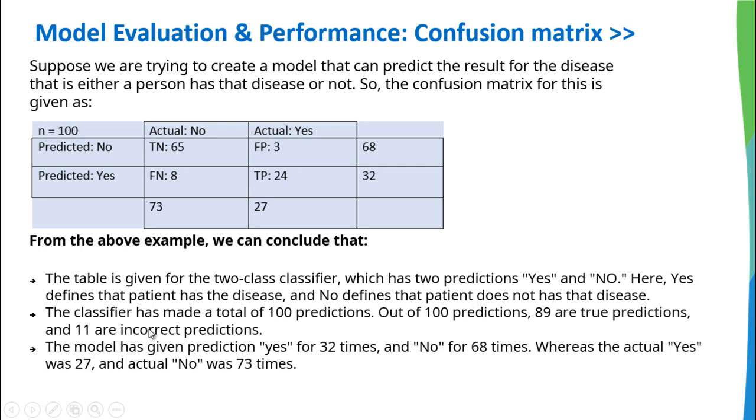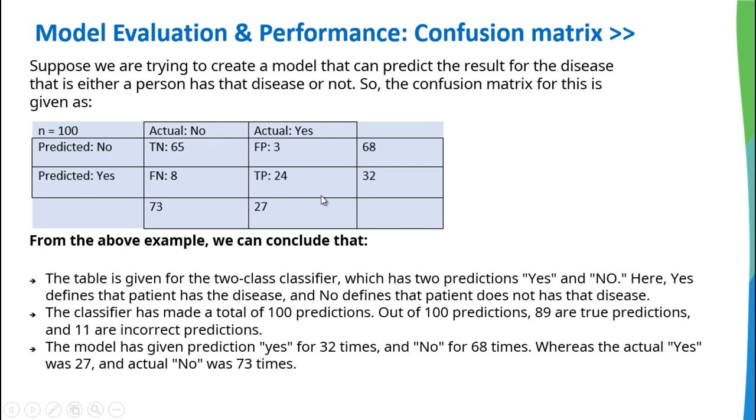So the classifier has made a total of 100 predictions. Out of 100 predictions, 89 are true predictions. How do I get 89 true? You have to do a summation to know which ones are true: this 24 plus 65, this diagonal, is true.